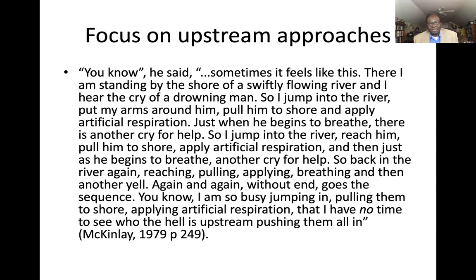So I jump into the river, put my arms around him, pull him to shore, and apply artificial respiration. Just when he begins to breathe, there is another crying for help.